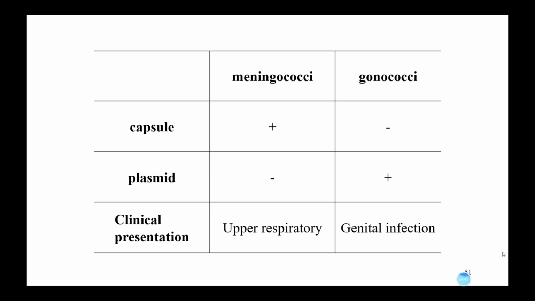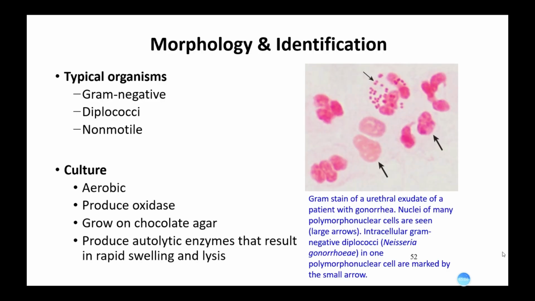Meningococci get into our body through the upper respiratory tract, but they can cause systemic infection, get into the bloodstream, and also get into the brain. While the gonococci cause a genital infection, so it's a sexually transmitted disease. Let's talk about this in detail.